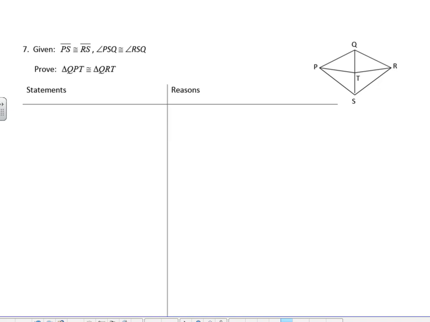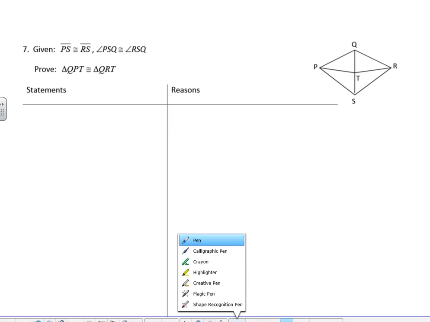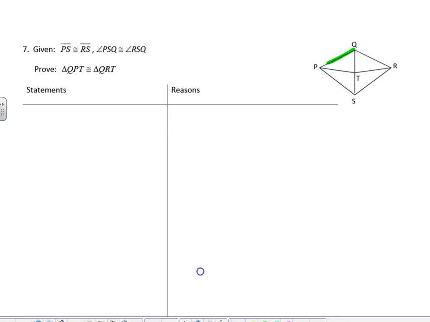We're trying to prove that, so I'm going to use my highlighter here, triangle QPT is congruent to triangle QRT, and let's see what we're given. That seems pretty straightforward.